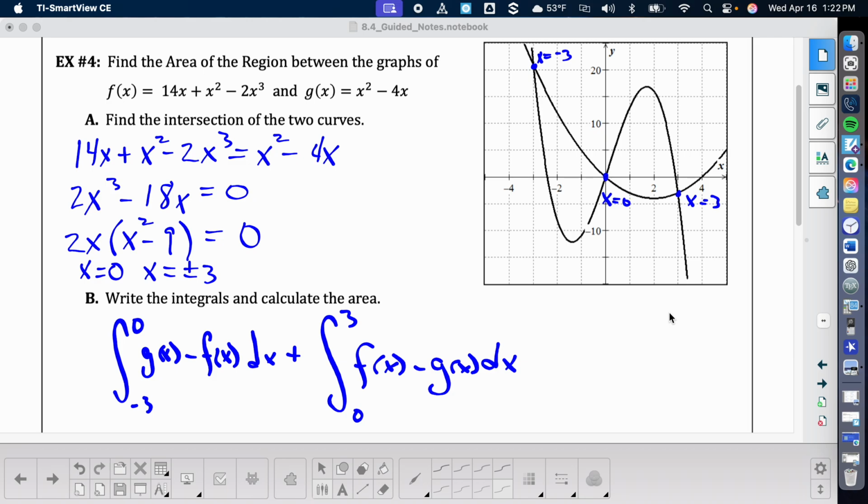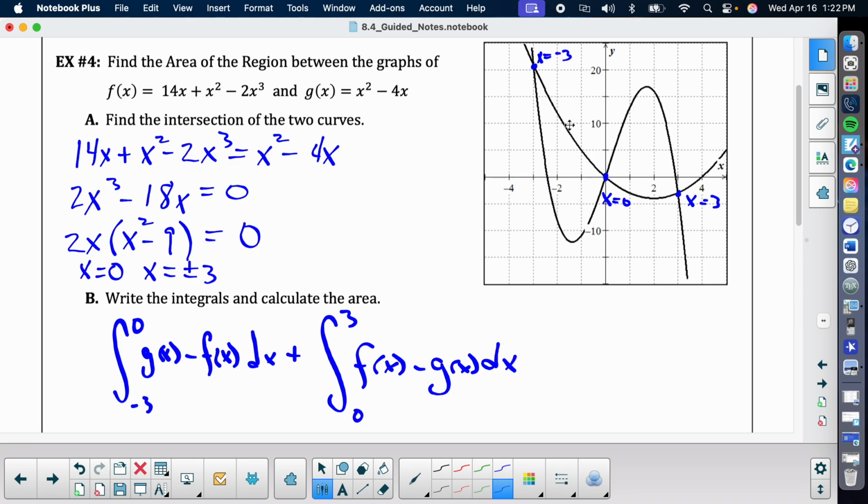So for each section, when we do the integral or when we find the area, we always want to take the top information minus the bottom information. The whole reason we do that is to get a positive answer. If we would accidentally do it in reverse, it would be the same number answer but negative. So we specifically always do top minus bottom.